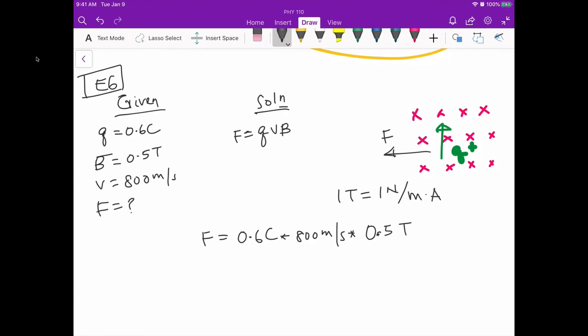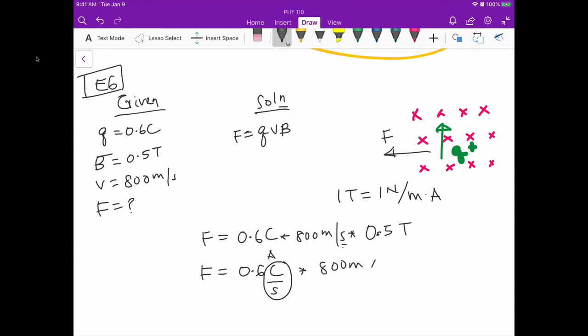You can do a unit elimination if you wish to, but I can do that for you as well. So 0.6, you have a coulomb here. You know that coulomb over second is ampere, right? This is ampere. I took this second to here, I didn't do anything else.